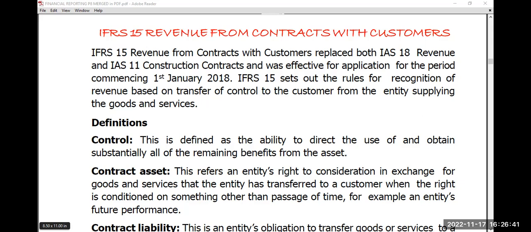So if someone is controlling the asset, you are able to direct the use or the purpose for that asset, and you are also able to get the benefits that are associated with the asset. That's basically what control is all about as far as the standard is concerned.